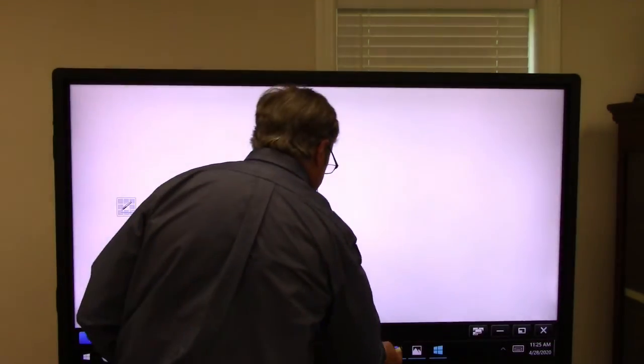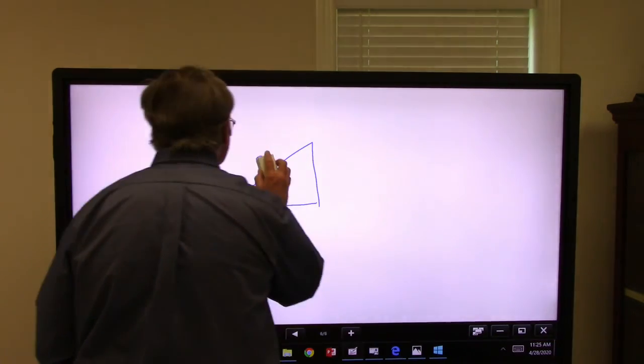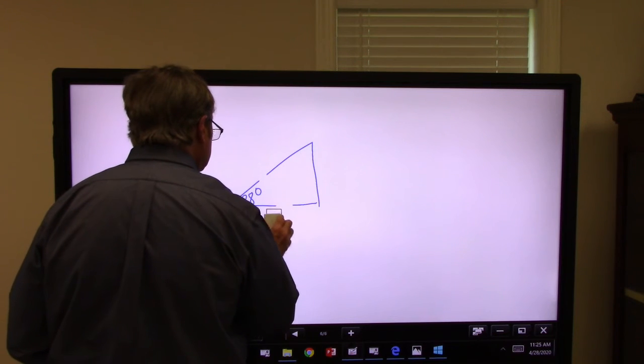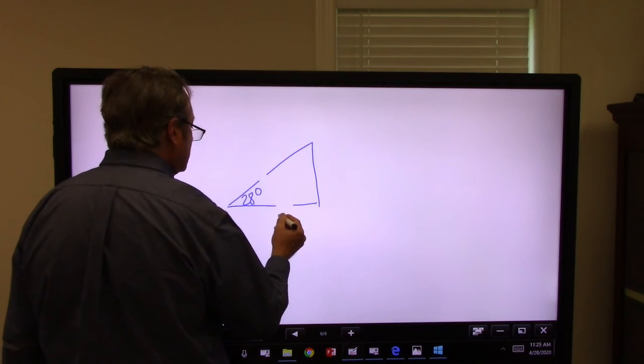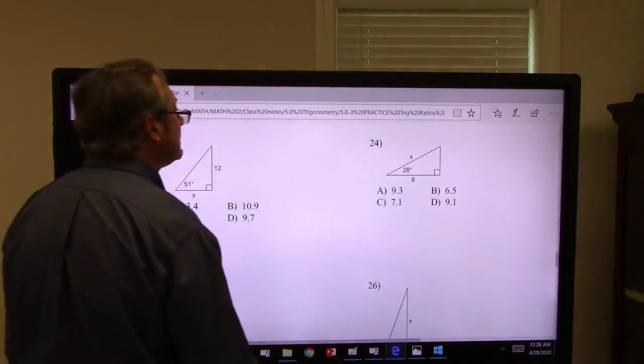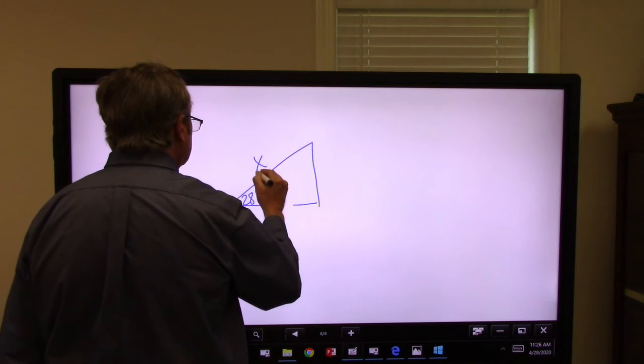Nope, I'm wrong. X is there and 8 is there. No, that's not right. What is it? Yeah, X is the hypotenuse. All right.